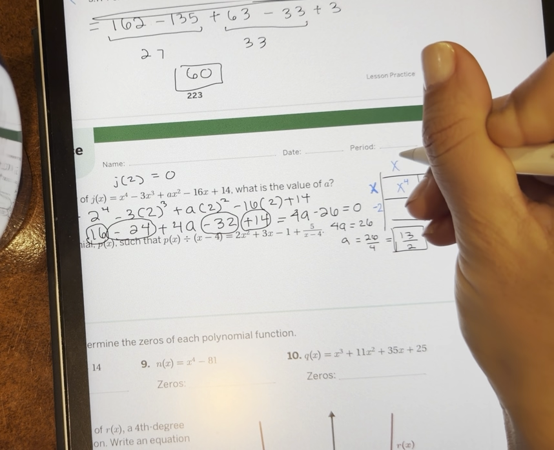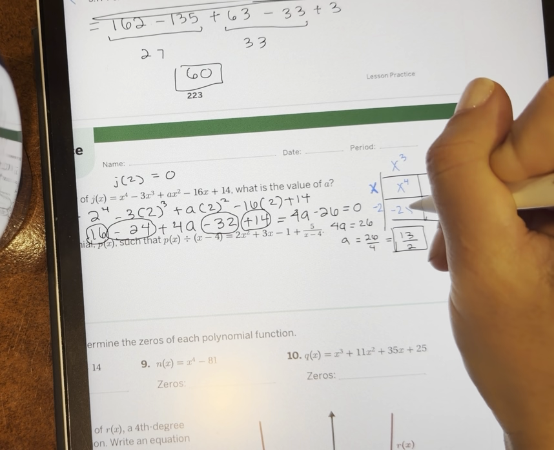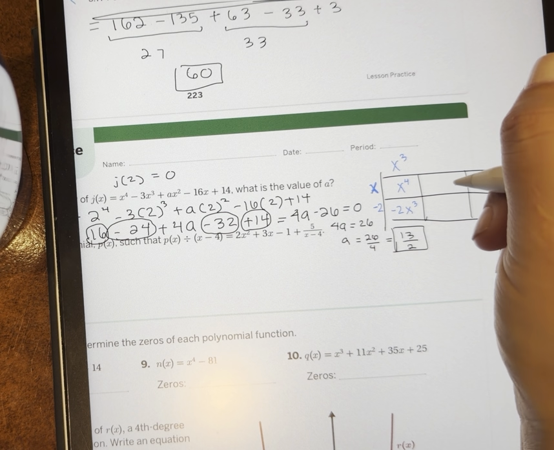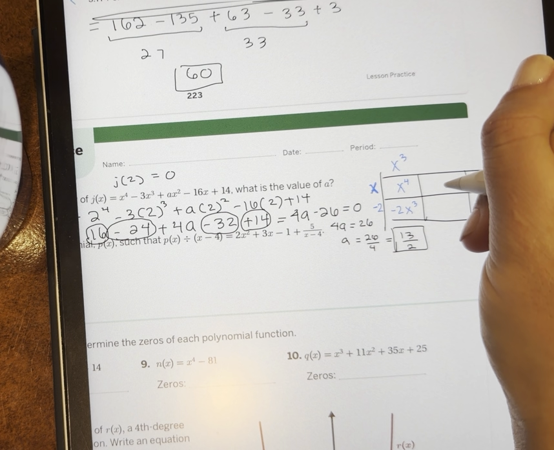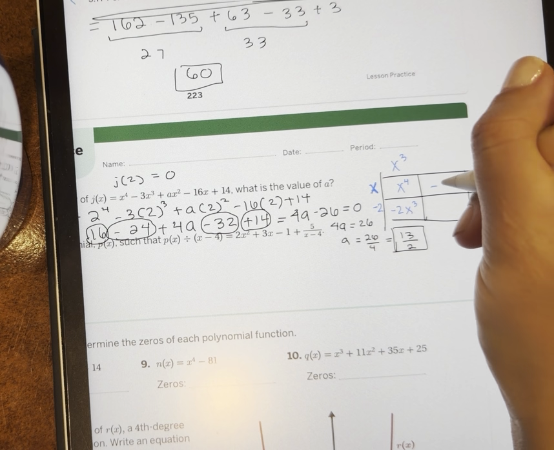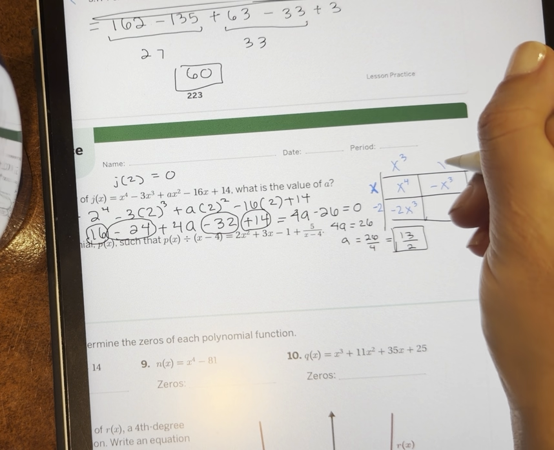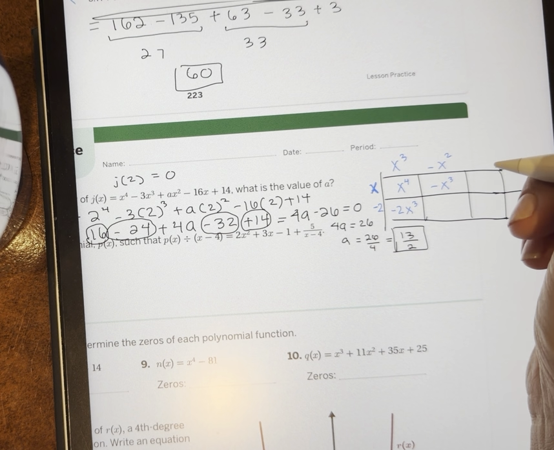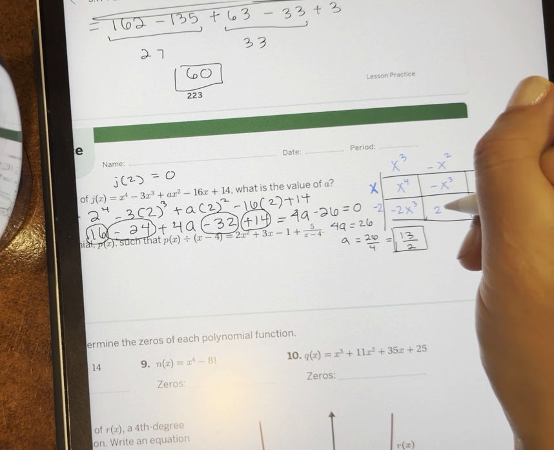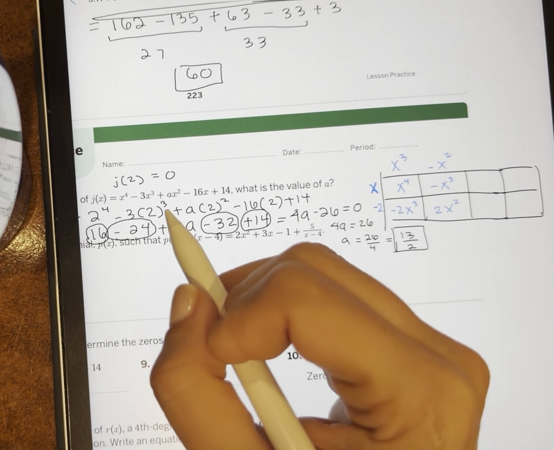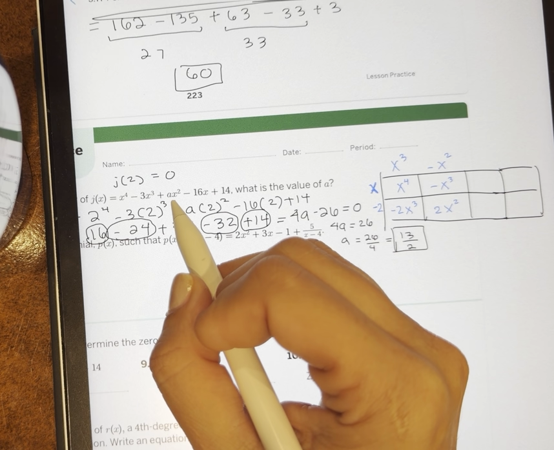Okay, this is x cubed times x minus 2, negative 2x cubed, and then it's a negative 2x cubed, so I need a negative x cubed, and then this is an x squared negative, then this is a positive 2x squared. Okay, I need it to be an ax squared.